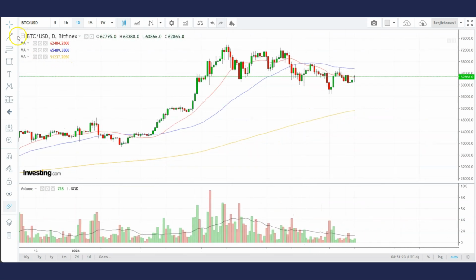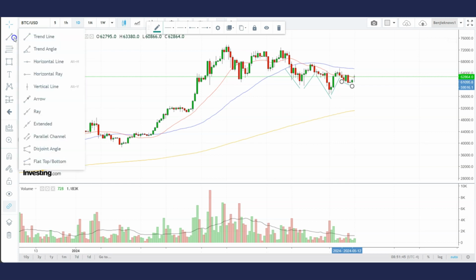Now, do you see the inverse head and shoulders in Bitcoin? This will be the left shoulder, alright, and this is the head. Right, interesting, isn't it? So you can say that MicroStrategy is kind of following the pattern of Bitcoin.